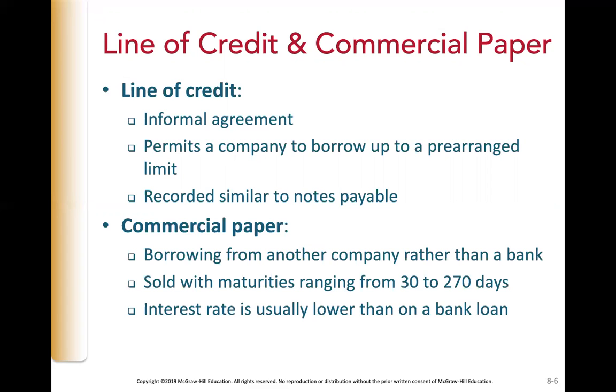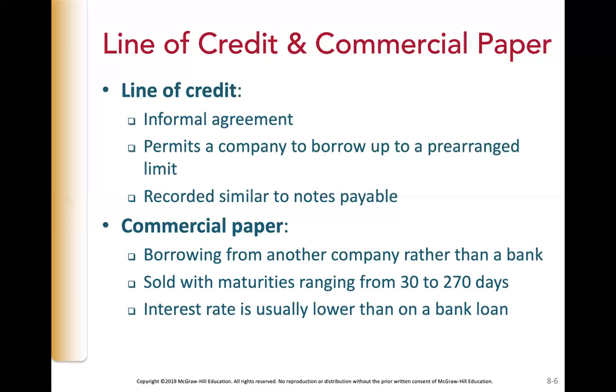Another way to borrow money is called commercial paper. It's when one company borrows from another company rather than from the bank. The recording of commercial paper is exactly the same as recording notes payable. Commercial paper is sold with maturities normally ranging from 30 to 270 days.